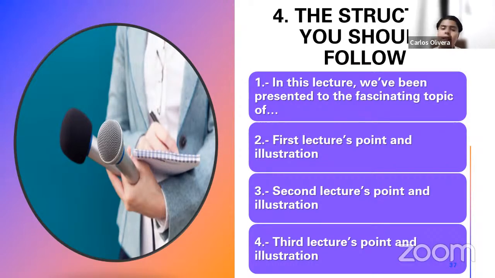And if you notice, that's exactly what I'm doing here in the structure and how I responded to the questions, all right? So this is how you respond. In this lecture, for example, we've been presented the fascinating topic of features helping fishes to survive deep in the ocean's darkness, right? First of all, the professor talked about how some fishes have the opportunity to employ some of their organs to look at extreme distances or places.